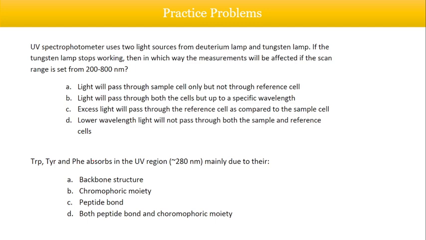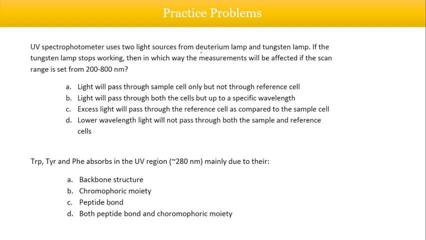The deuterium lamp is associated with the UV source, and the tungsten filament lamp is associated with the visible light source. If we know the ranges of these sources, we can simplify this question.